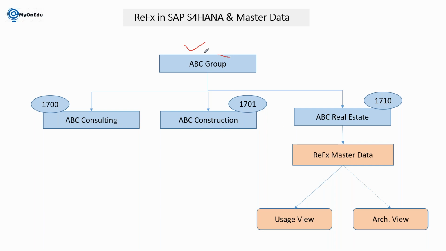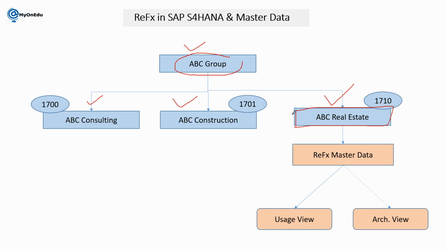Consider it as one controlling area with 3 different company codes: ABC Consulting 1700, ABC Construction 1701, and ABC Real Estate 1710. This is the only legal company working in real estate. We are going to implement ReFx only for this company, specifically activating the module for company code ABC Real Estate 1710.